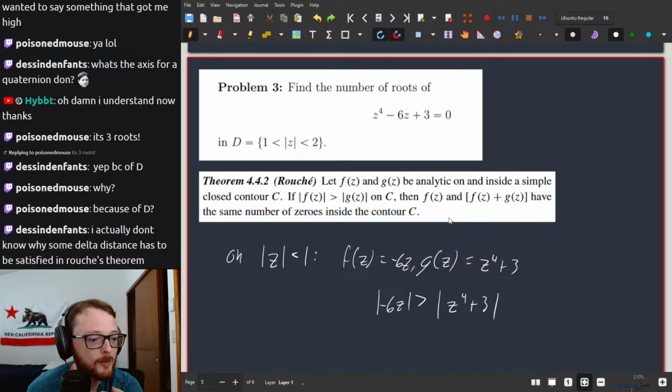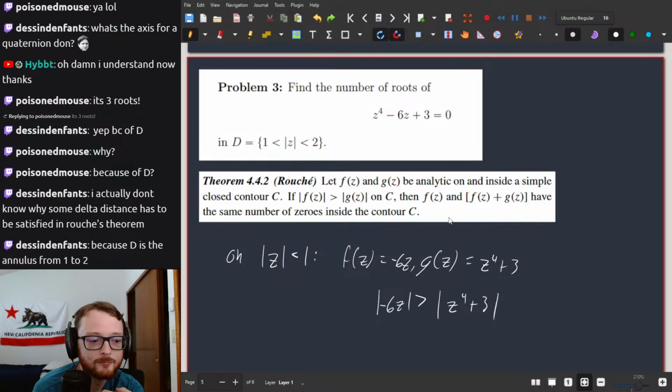Then why does some delta distance have to be satisfied in Rouche's theorem? Me neither. Well, I know that D is the annulus. I don't know why that's helpful here, for saying that it's 3 roots.